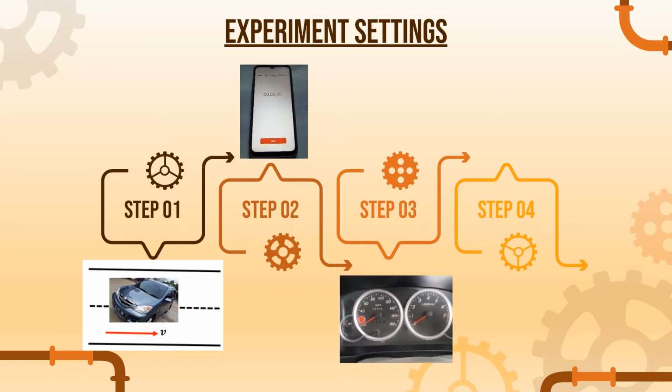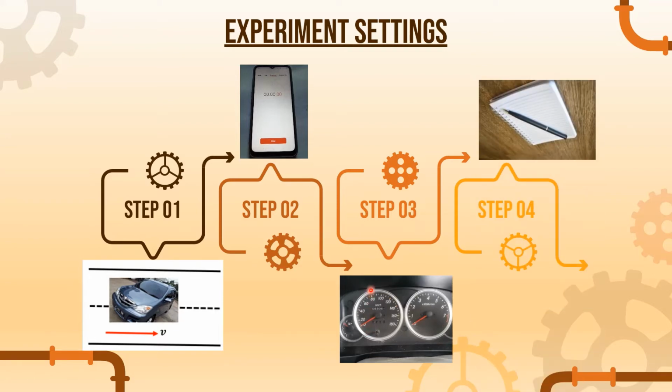The velocity and RPM can be seen from the speedometer of the car. After that, we can record the data to calculate the engine power from the experiment. For the next trial, we can repeat step 1 to step 4.